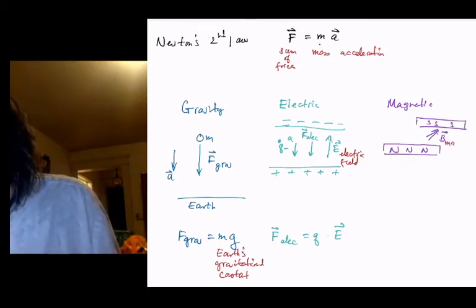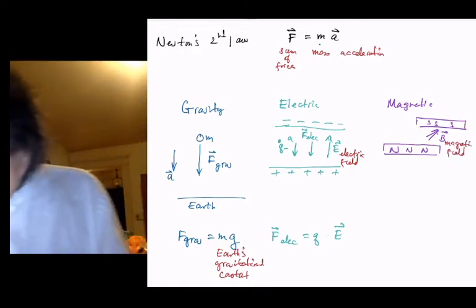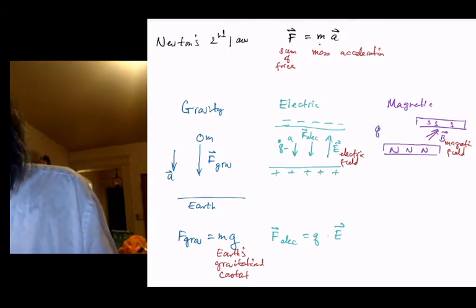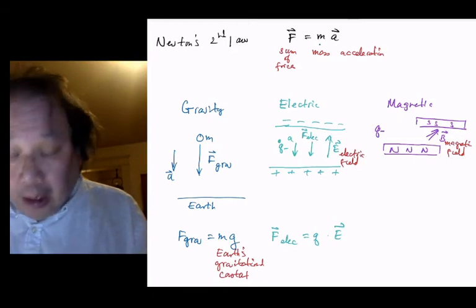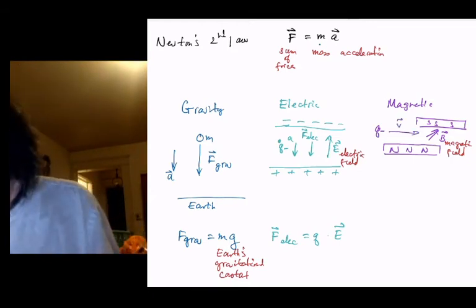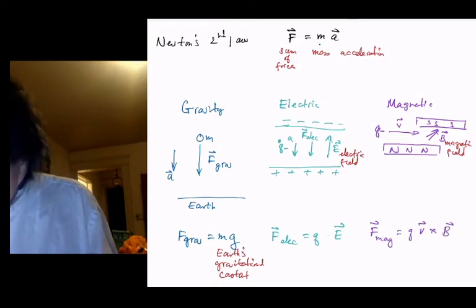And in this case, our magnetic field is pointing to the back, behind the paper. And now we can have a charged particle, make it a minus, and it's going to be moving with a velocity v. And the law is F magnetic is Q v cross B.